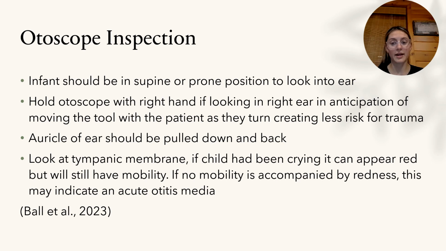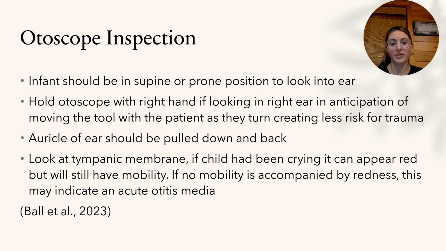When assessing an infant's ear, we want to use an otoscope, and the position we want to have the child in would be in a supine or prone position to look into the ear. We're going to hold the otoscope with our right hand if we're looking in the right ear in anticipation of moving the tool with the patient as they turn, creating less risk for trauma.